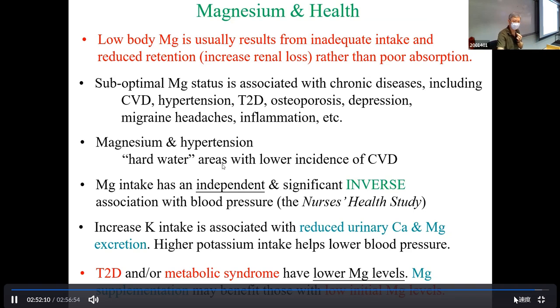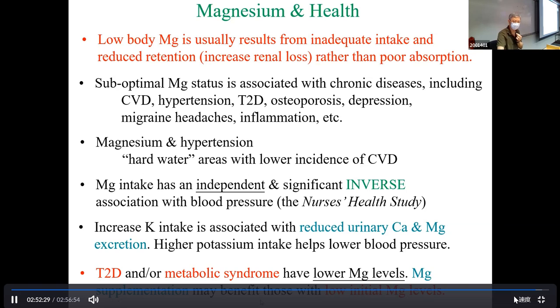Increased potassium intake is associated with reduced urinary calcium and magnesium excretion. So again, there is interaction between potassium and sodium, and then calcium and magnesium.